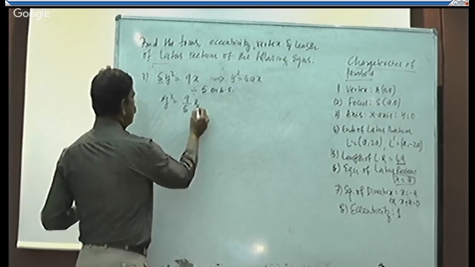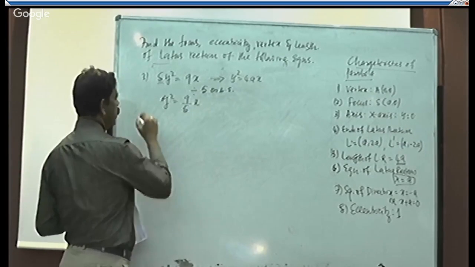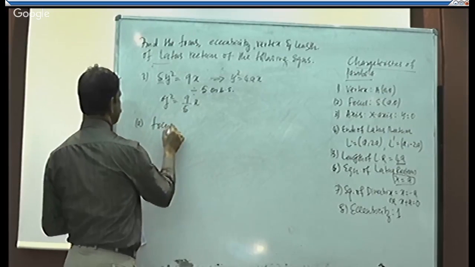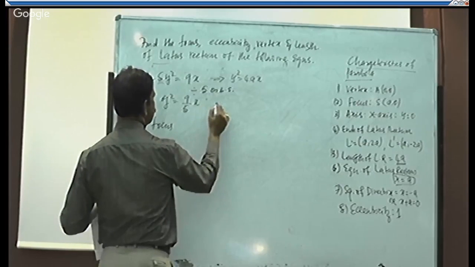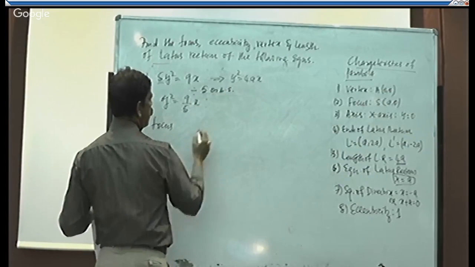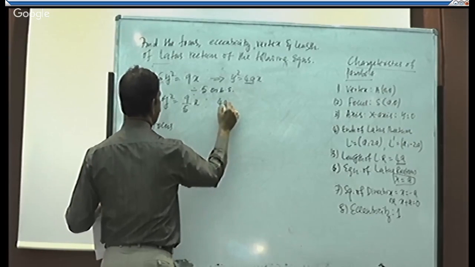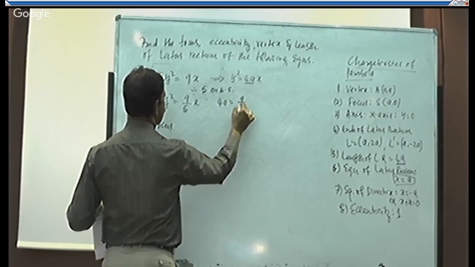Now write the following characteristics. Focus. Just compare this with the standard one to get the a value. Instead of 4a, we have 4a is equal to 9 by 5.